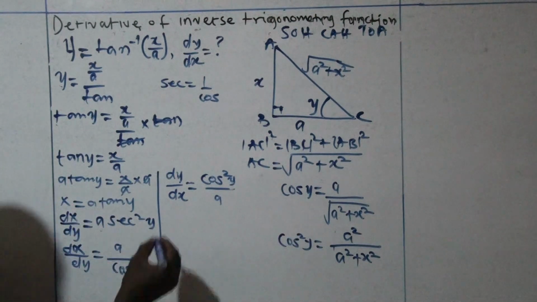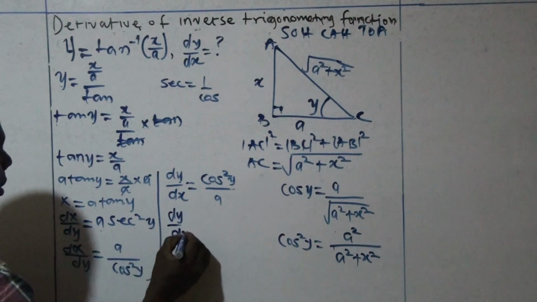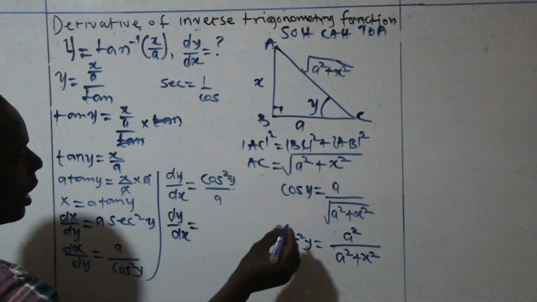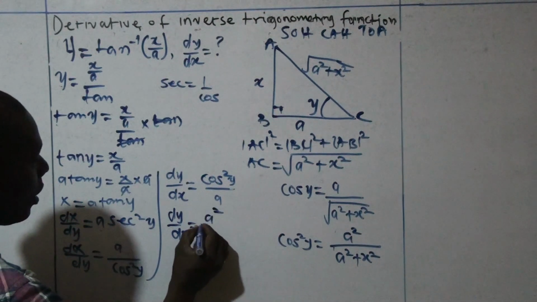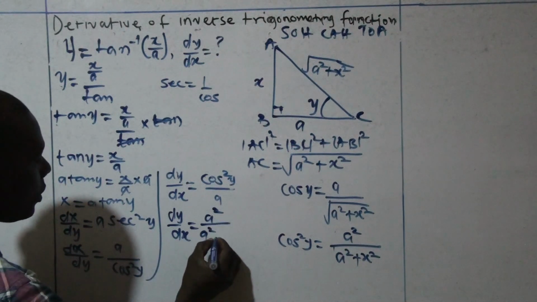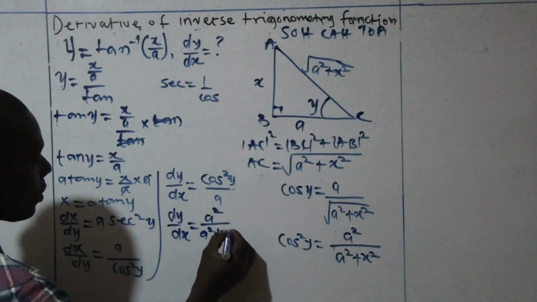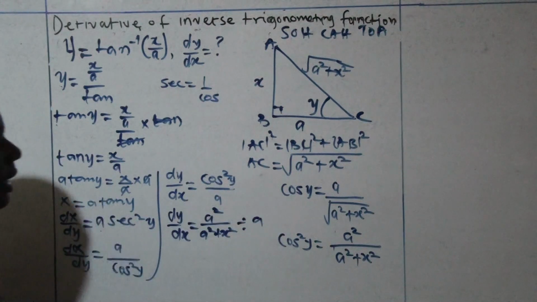So the next step is dy dx is equal to a squared divided by a squared plus x squared, and this one means divide by a.